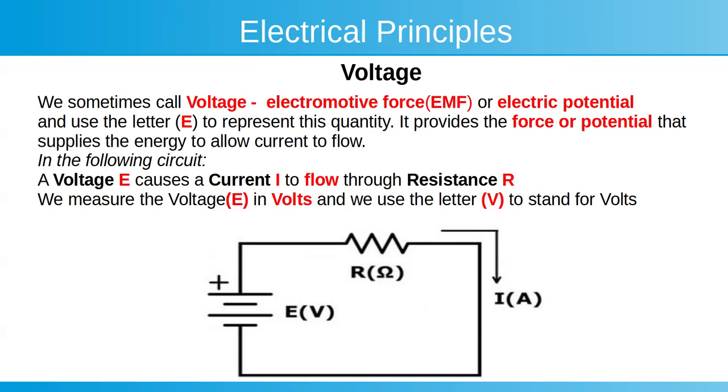We use E to represent it. And that's what creates, or can create, current flow. We have a typical circuit here with a battery and a resistor of some sort. And we're going to have some current I flowing through that circuit, depending upon the ratio of the battery voltage to the resistance.